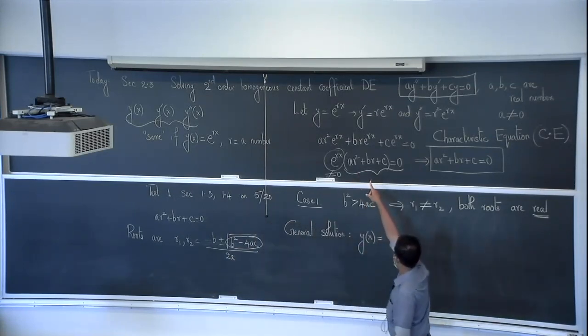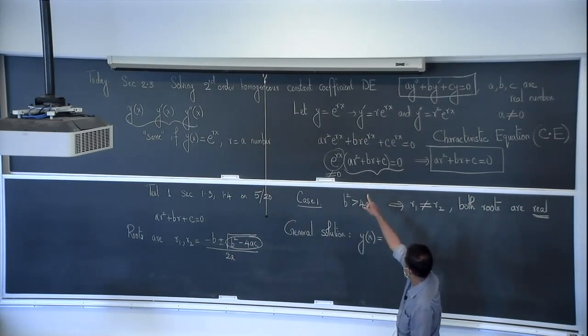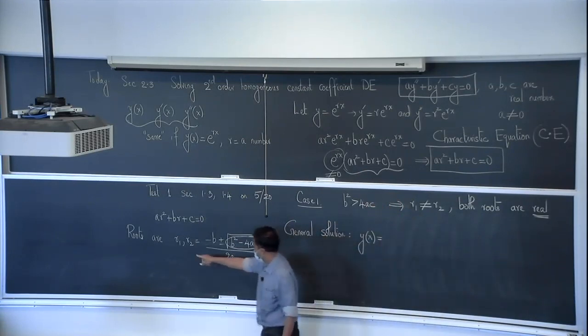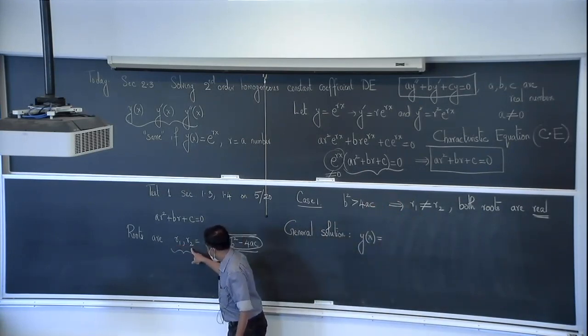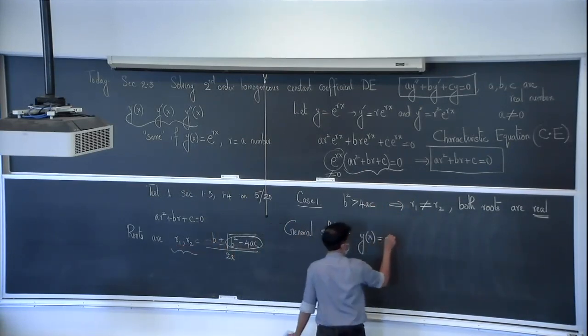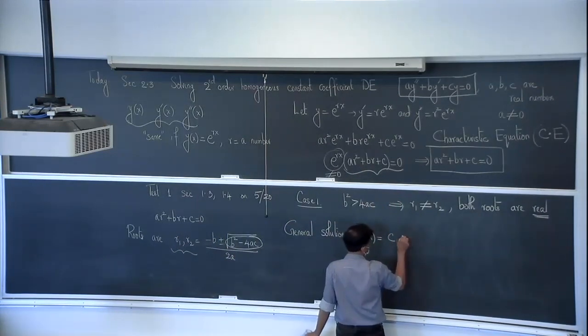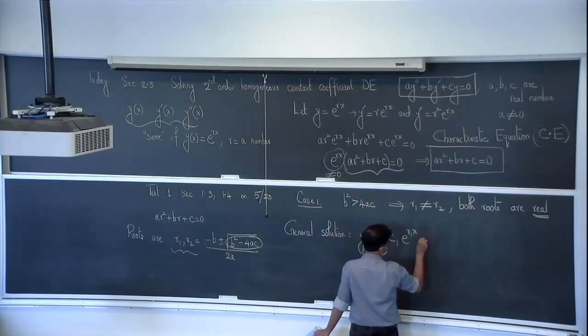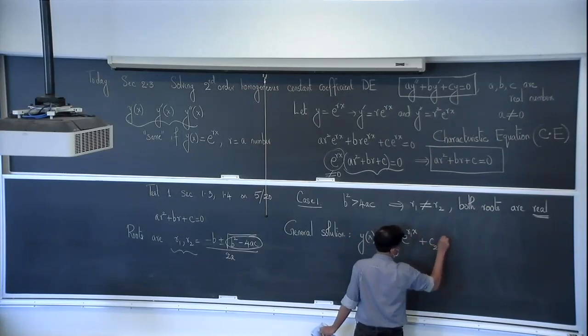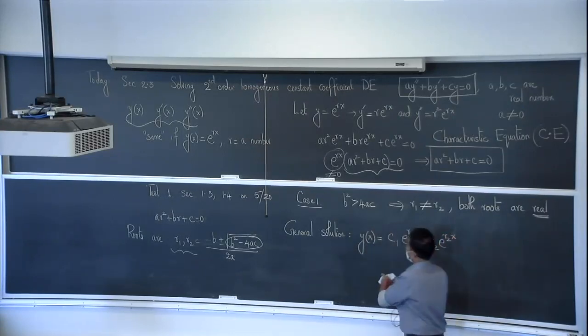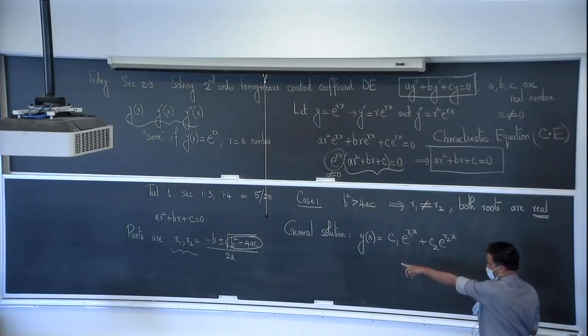Again, please look at where we started this. We started with y equal to e to the power of Rx. So since R is being represented by R1 and R2 here, we have C1 times e to the power of R1x plus C2 times e to the power of R2x, because R1 and R2 are both standing for R and they are not equal.